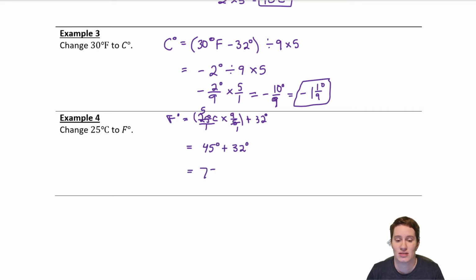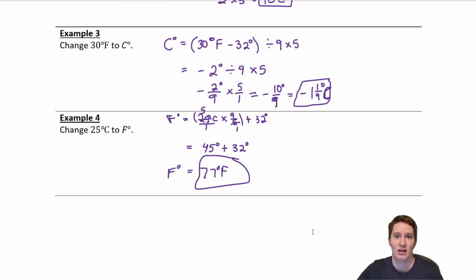Just by the way, this is 77 degrees, which sounds like a lovely temperature. And it would be in degrees Fahrenheit. I just realized I didn't label this one with Fahrenheit. That's typically a thing we do. Anytime we have units in a math problem, we label our answer with whatever the units are supposed to be, so that whoever's looking at it knows what we're trying to say.